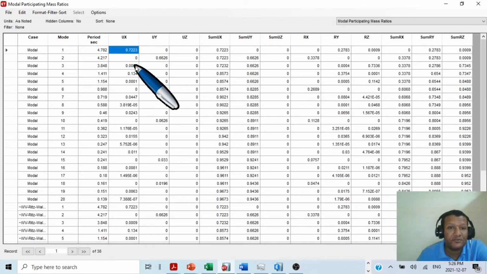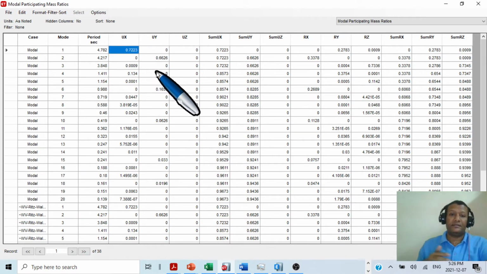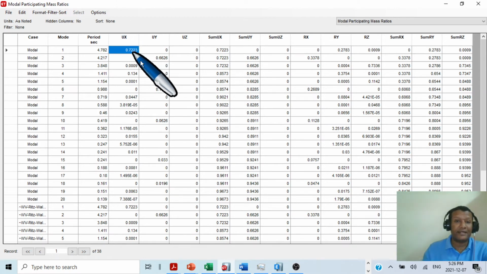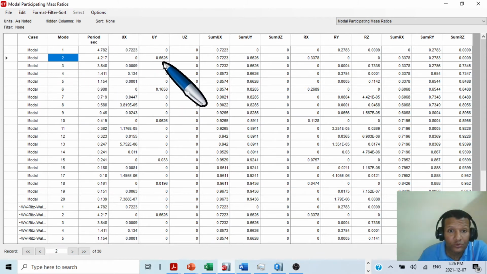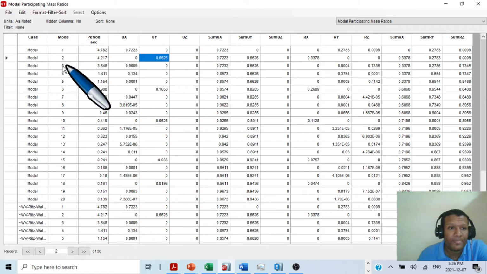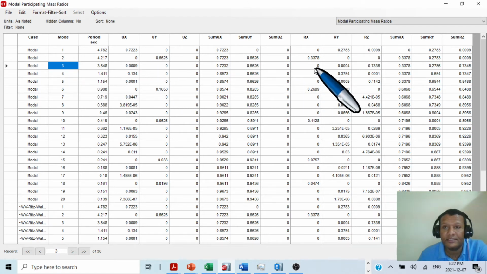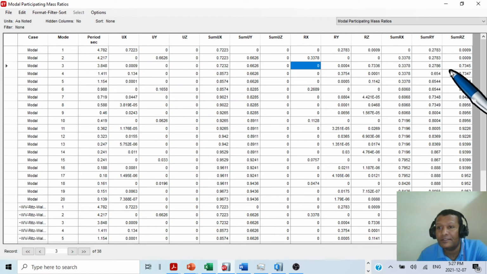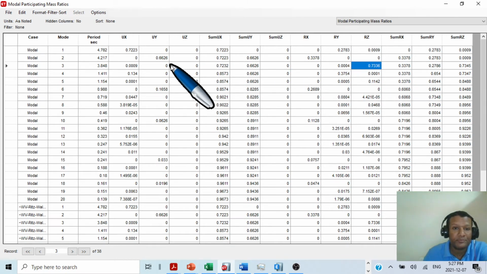The mass participation factor: the first mode in our building is translational in the x direction, and 72.23% of our building is participating in the x direction. In mode 2 we have 66.26% of the building mass participating in the y direction, and mode 3, as you can see, is torsional, rotational, and we have around 73.36% participating.